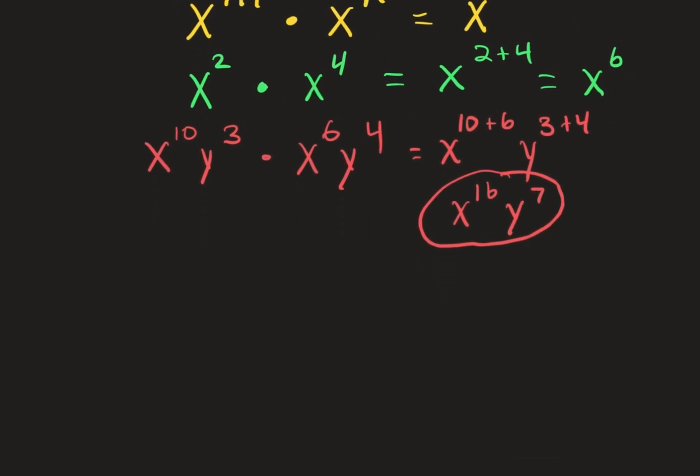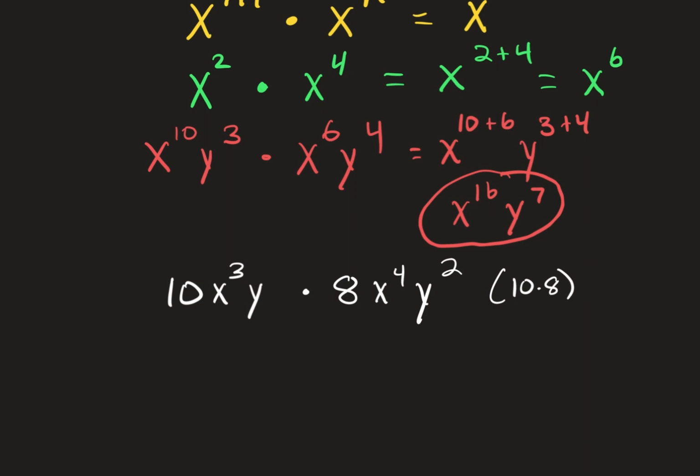Well, what happens if we introduce numbers out in front? So now we go 10 x to the 3rd, y, times 8 x to the 4th, y squared. Treat the numbers like you would treat numbers, but you're multiplying. We're multiplying 10 times 8. Okay, so our first term here is going to be 10 times 8, which is our numbers multiplied together.